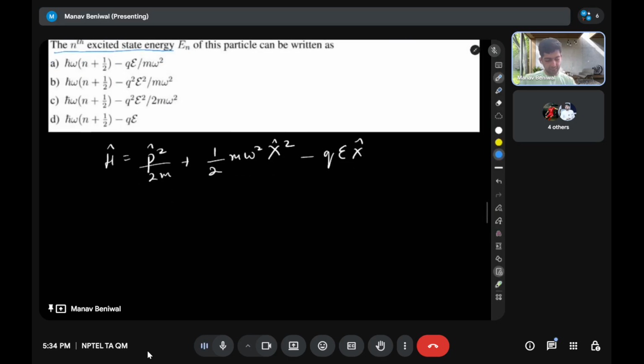Let's not touch the first term at all, let's keep it as it is. Now we want to change this second term.